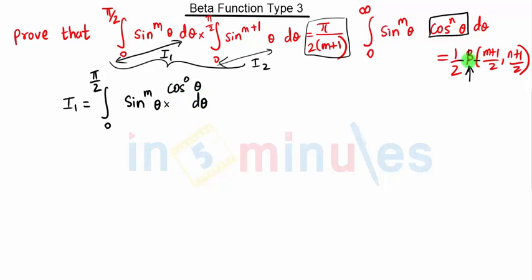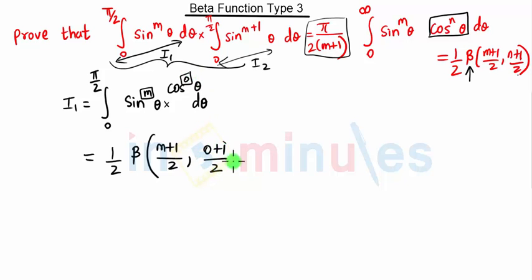So now if you compare these two equations, they are similar, so this term is equal to half beta of m plus 1 upon 2 comma n plus 1 upon 2. In this case n is 0, so 0 plus 1 upon 2. This is equivalent to half beta of m plus 1 upon 2 comma half. So this is our I1.